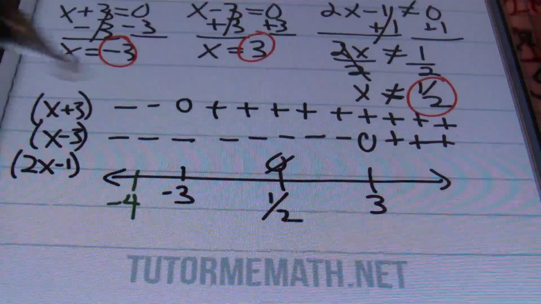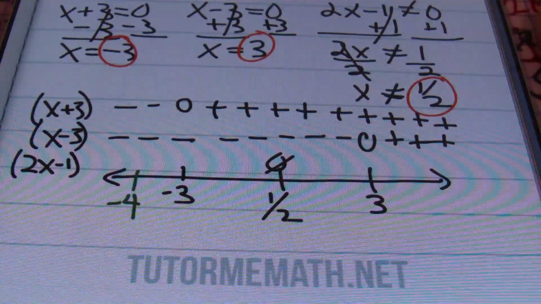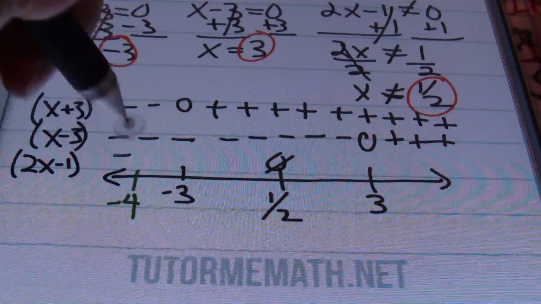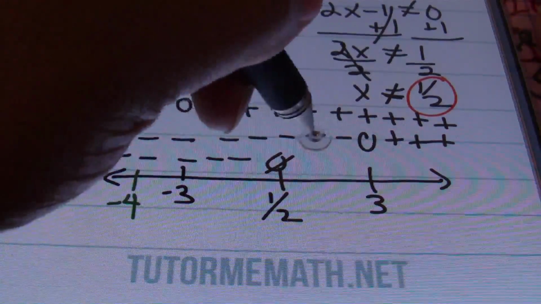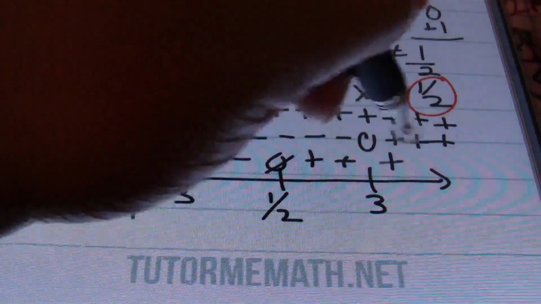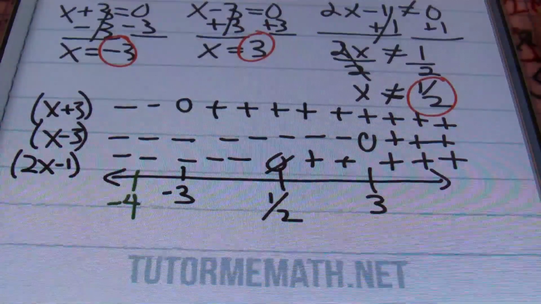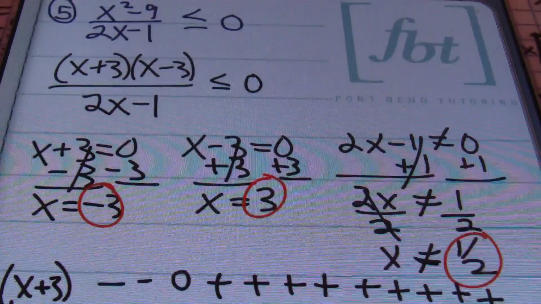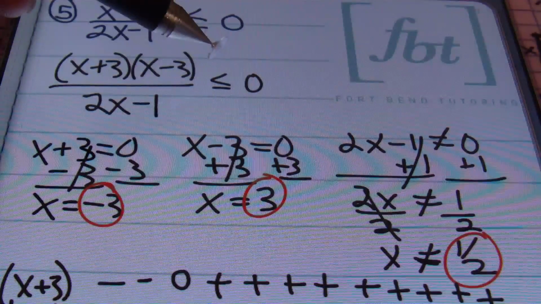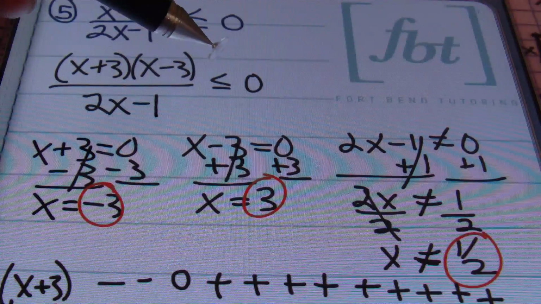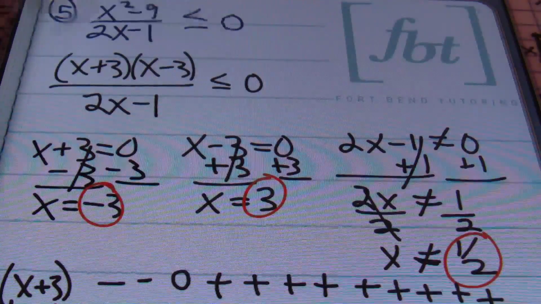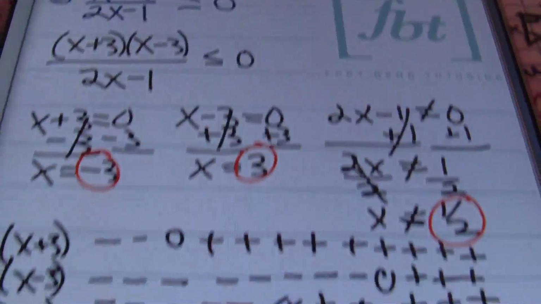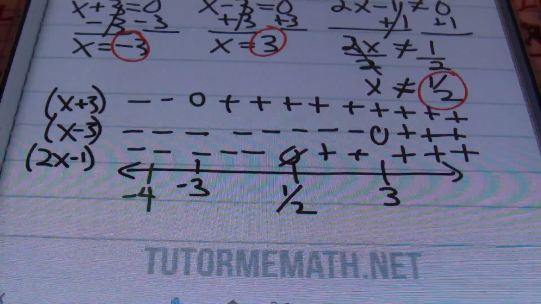Plugging -4 into the last factor, I'll end up with negative results until I get to that undefined mark, and then those results will become positive. Remember that in the factored form of our inequality, we're looking for values that are less than 0, in other words, negative numbers, as well as 0 itself. So let's see how that works out on our sign chart here.